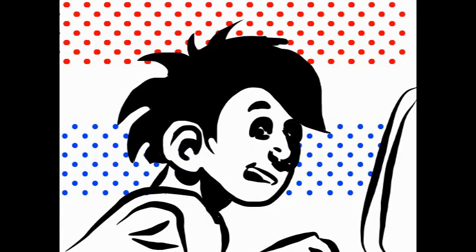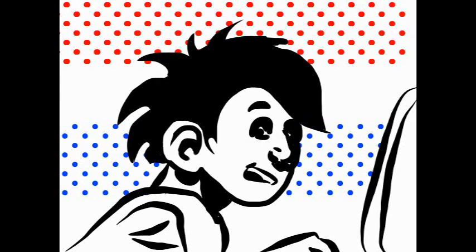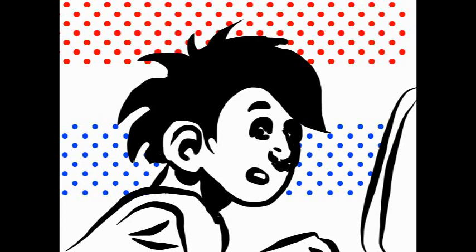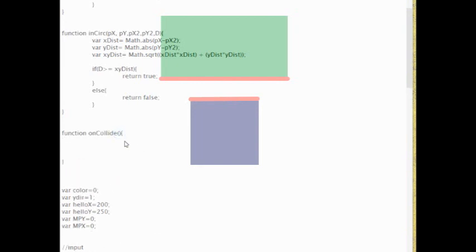Another way to check for collisions is to check for collisions between two rectangles, sometimes called bounding boxes or hitboxes. This is similar to the function for checking for a point inside a rectangle. Here it is, however, easier to check for if a rectangle is not colliding with the other rectangle. If the bottom side of rectangle A is above the top side of the rectangle B, the rectangles cannot collide.